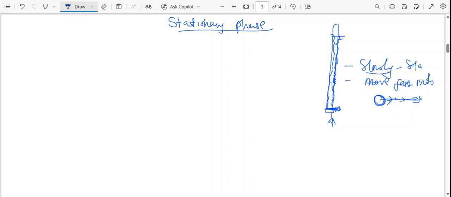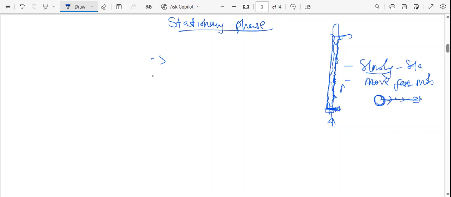The moment you inject them, they will stick and won't move further upward. They will be slow in motion and you won't detect them at that point. You consider them heavy solute.